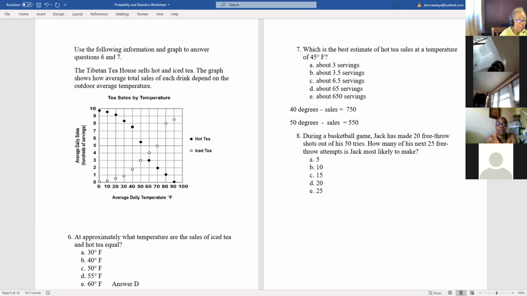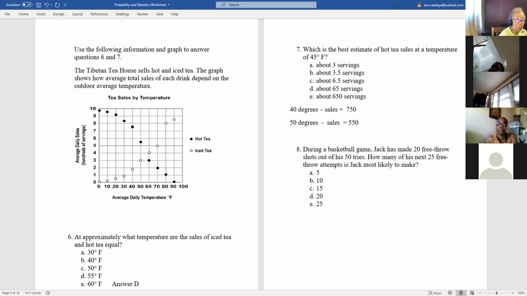What's the best estimate for 45 degrees? So 45 is going to be midway, but actually it's going to be the average of the 750 and the 550. So 45 degrees would be what? What would it be, Vanessa? If you average 750 and 550?